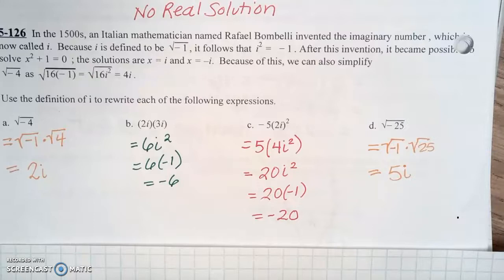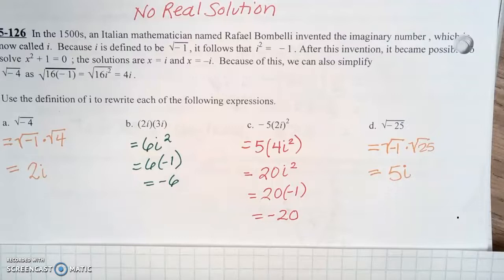All right? Part B. Now we have 2i times 3i. The easy part is the 2 times the 3, which is 6. That part should be easy for you. Then we have i times i, which is i squared. That's kind of like if you have x times x, you get x squared.